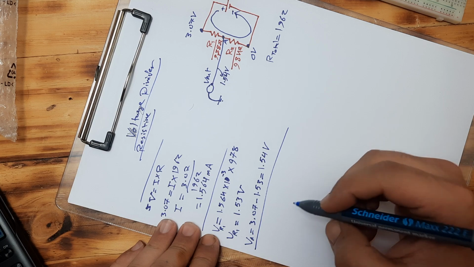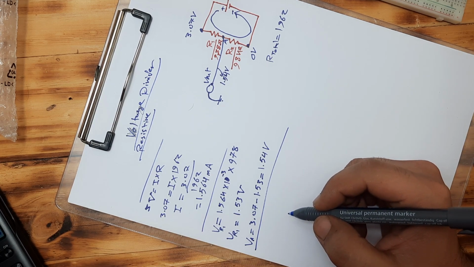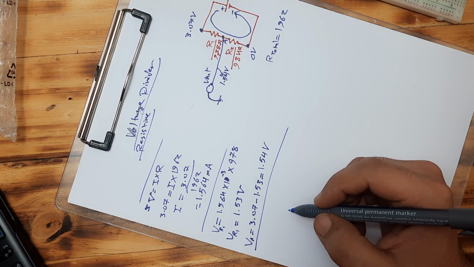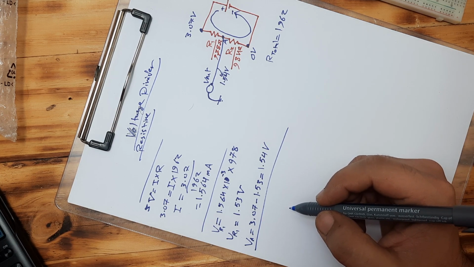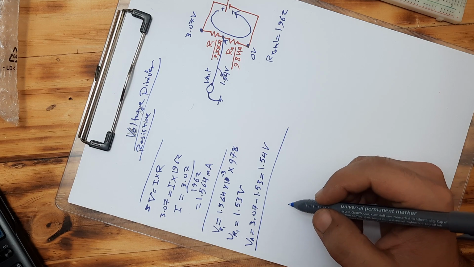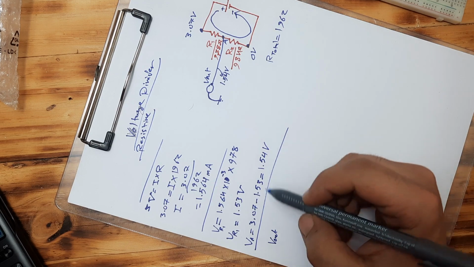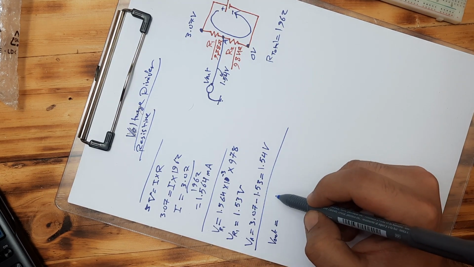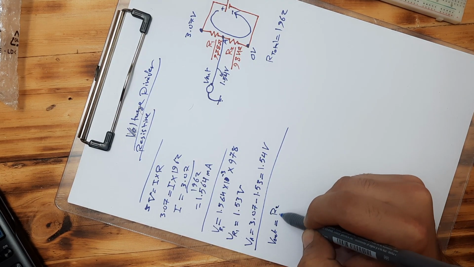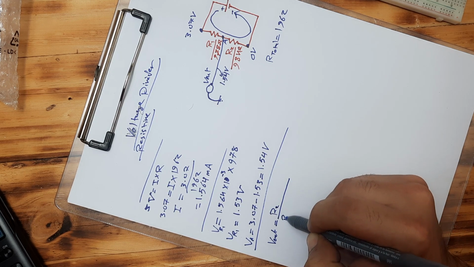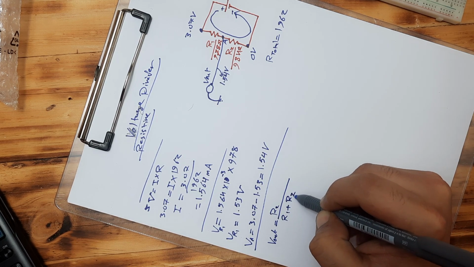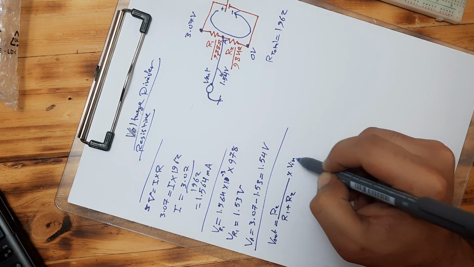Is there an easier way to calculate that? Yes, there is. It's a very simple, straightforward equation that we can use to calculate voltage in a voltage divider circuit. This equation states that Vout, which is basically voltage at point A, equals R2 divided by R1 plus R2, times Vin.